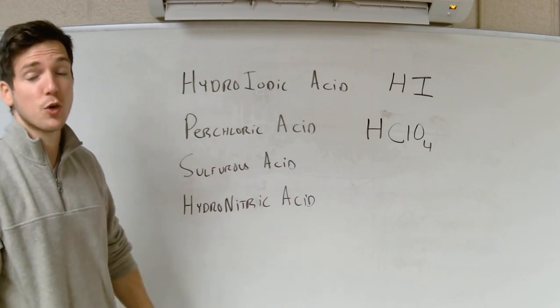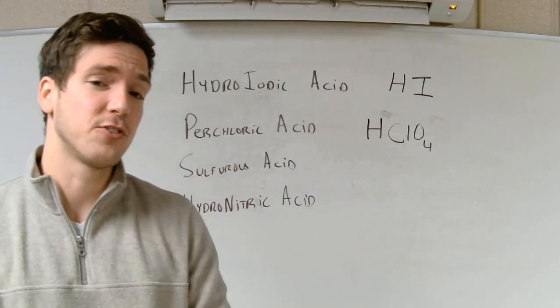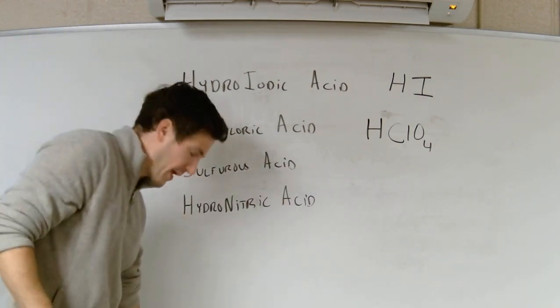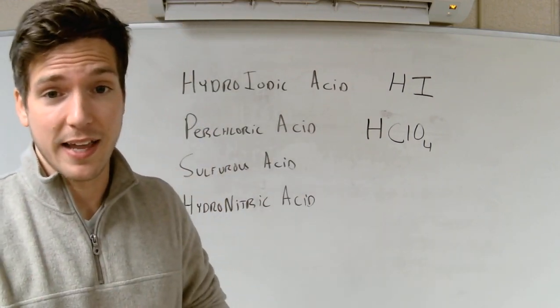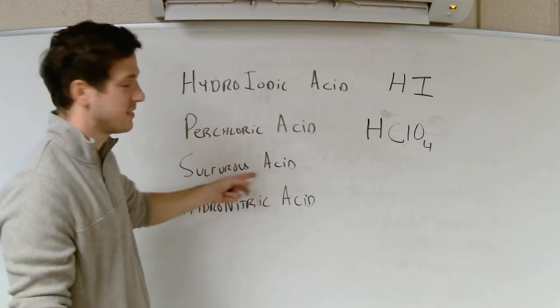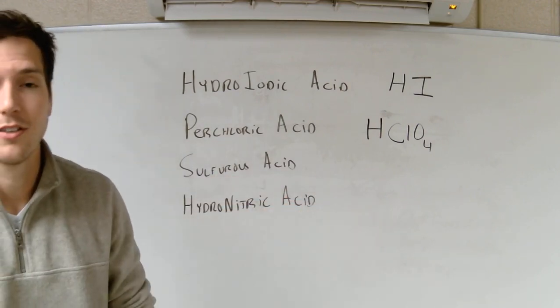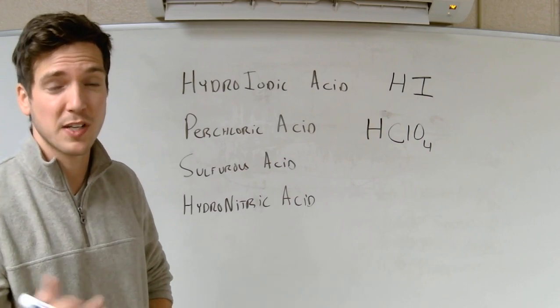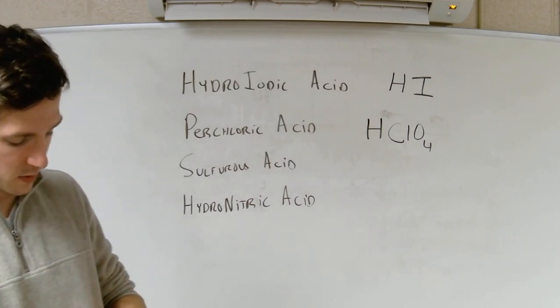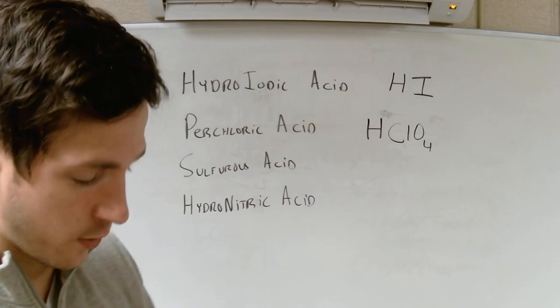Next one, sulfurous acid. There's no hydro, so it must come from a polyatomic ion. Ate to ic, ite to us. This ends in us, so it must have come from ite, right? Ite to us, so not sulfurous, but sulfite. I look on here for sulfite.